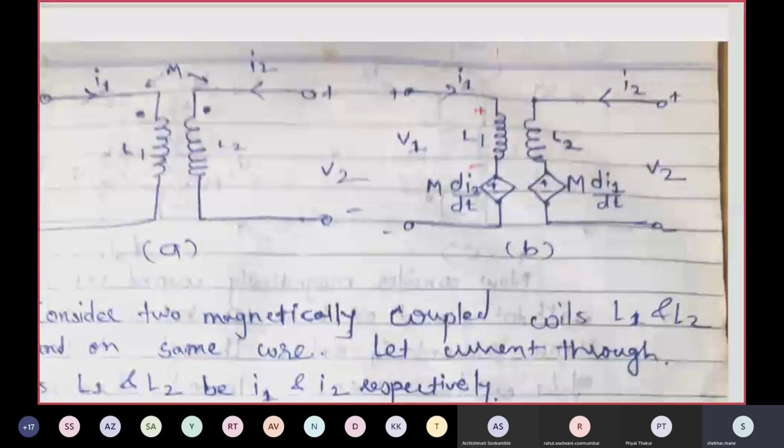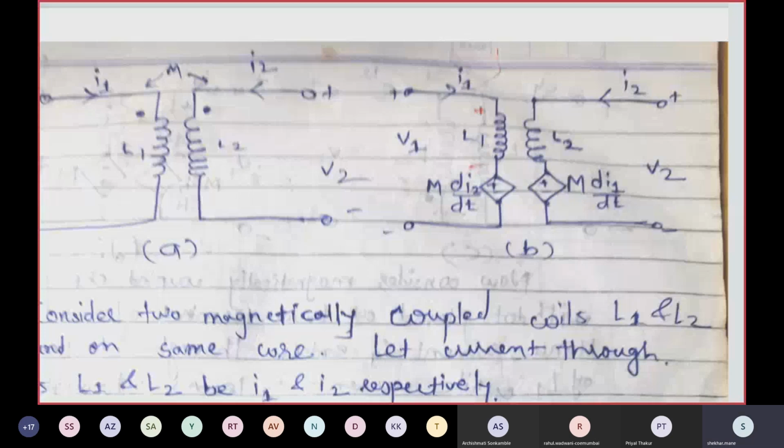See here in B diagram, M di2 by dt is the mutually induced EMF because of current I2, and M di1 by dt is the mutually induced EMF because of I1.